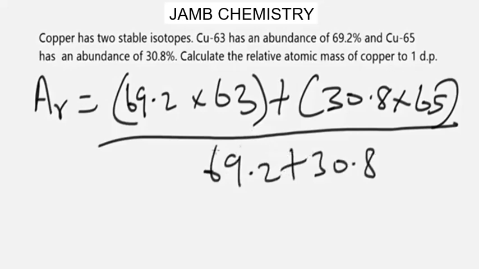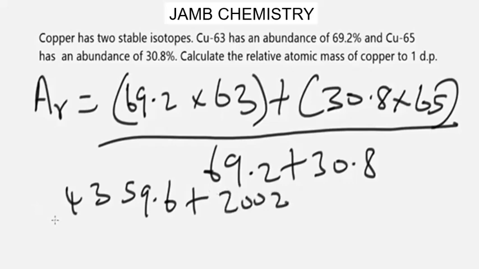So when you simplify this on a calculator, let me simplify the numerator. 69.2 times 63, you have 4359.6, plus now 30.8 times 65, we're going to have 2002, over, now when you add 69.2 plus 30.8, we're going to have 100.